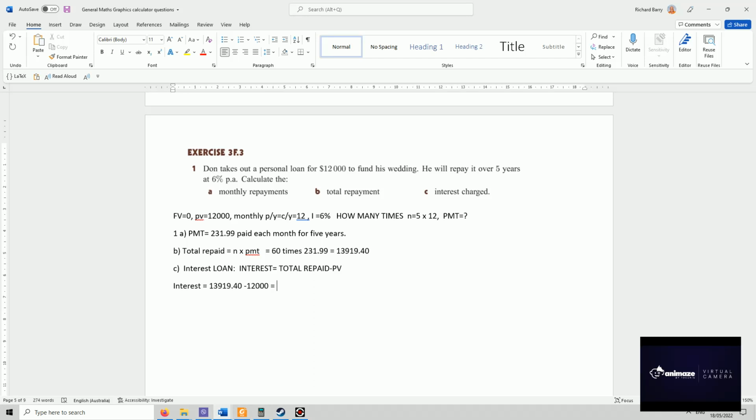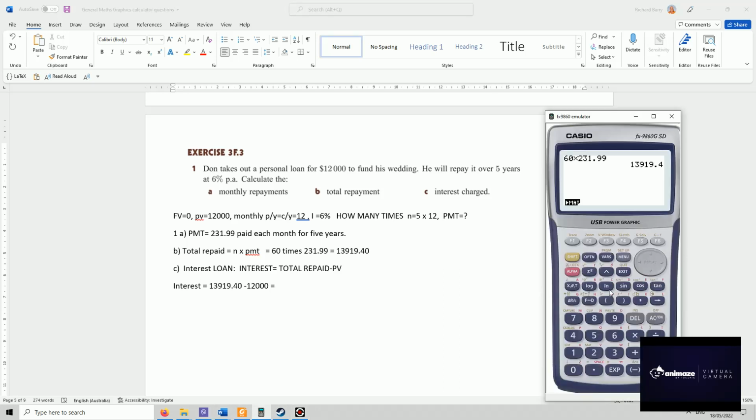Well, let's do it on the calculator. Subtract what I originally borrowed. That's not quite what I meant. Let's try it again. 13,919 subtract 12,000.